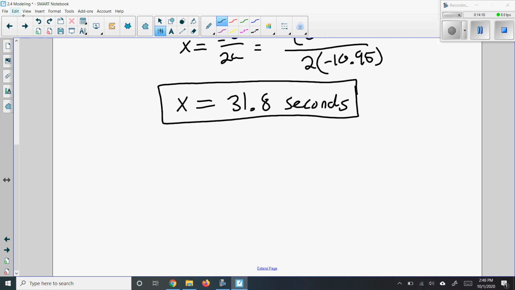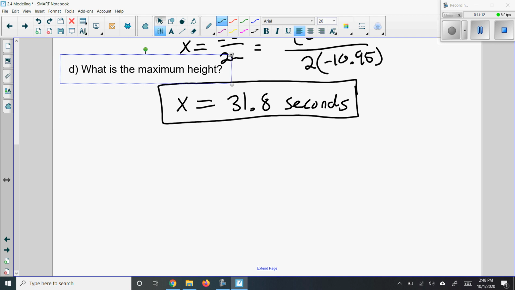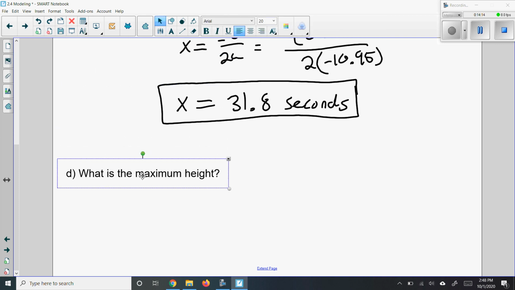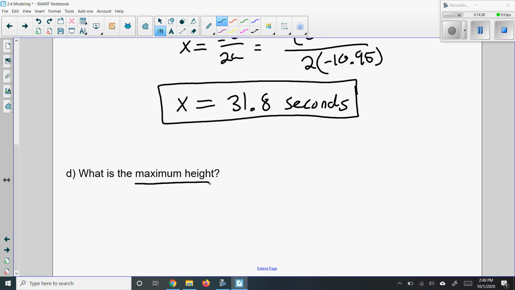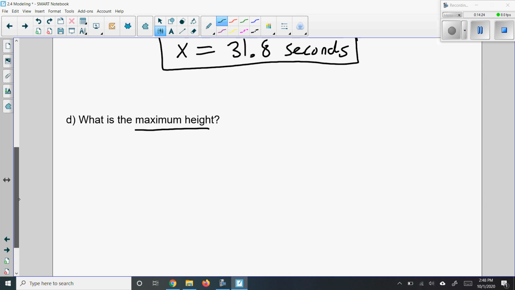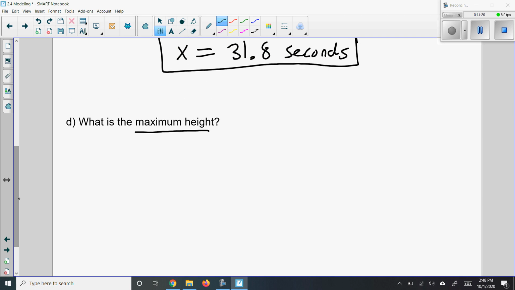The last part of this question is, what is the maximum height? To find the maximum height, we're looking for the y coordinate of the vertex. Once I know the x coordinate, I can just substitute that in for x to find the y coordinate.